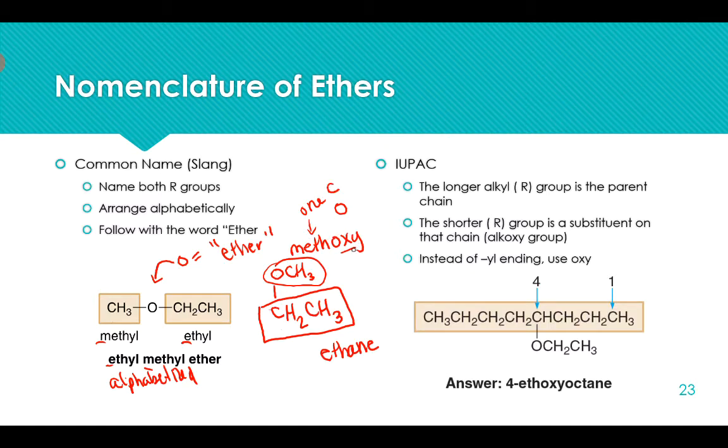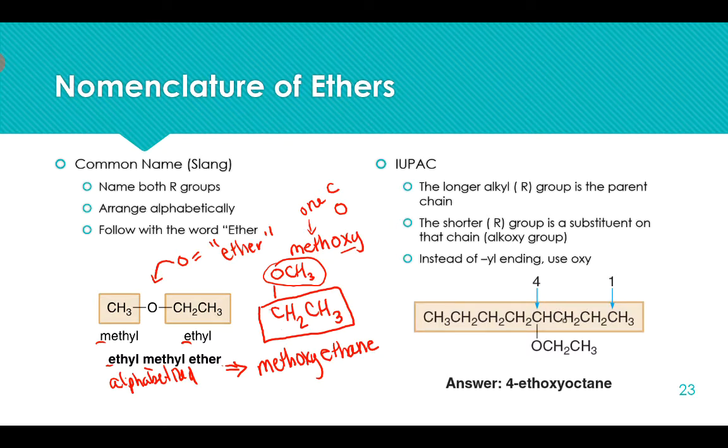So 1 carbon, oxygen, methoxy. And so this is methoxyethane. We don't need a 1 because if we put this methoxy group on either carbon, it would be a number 1. So there are no isomers possible. So that's how we would translate this name into IUPAC.